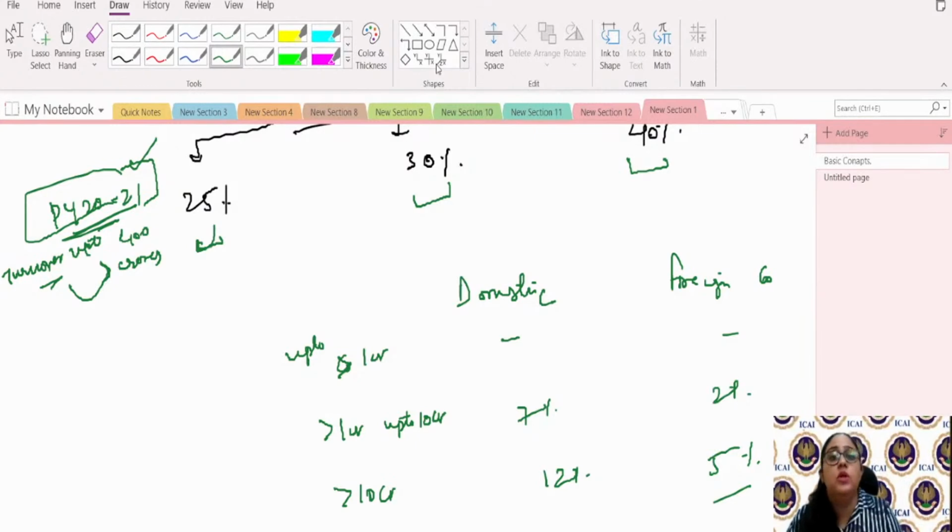See, if it is up to 2 crores, there is no problem. One surcharge rate is applicable for everyone. But the moment the total income crosses 2 crore, you have to see whether in the 2 crore income, in special income, there is LTCG under 112A, 112, or dividend income or short-term capital gain.